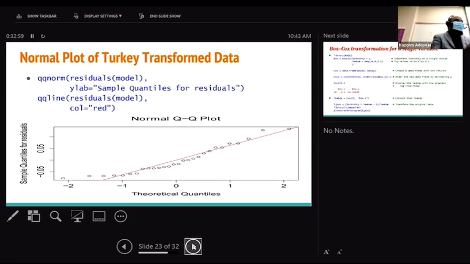Is there anyone, before I go to the Box-Cox transformation, who wants to ask a question or needs clarification? We just finished the Tukey transformation for ANOVA data. Is there anyone who needs clarification, whether in person or online?